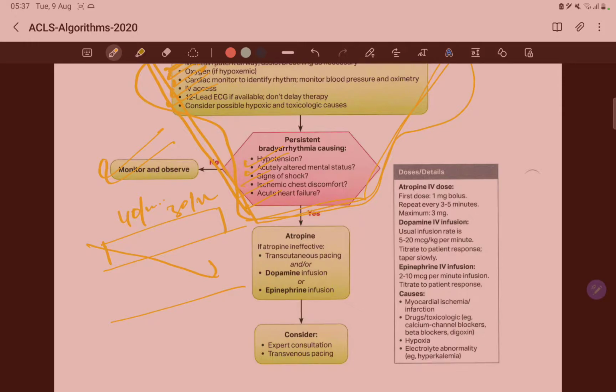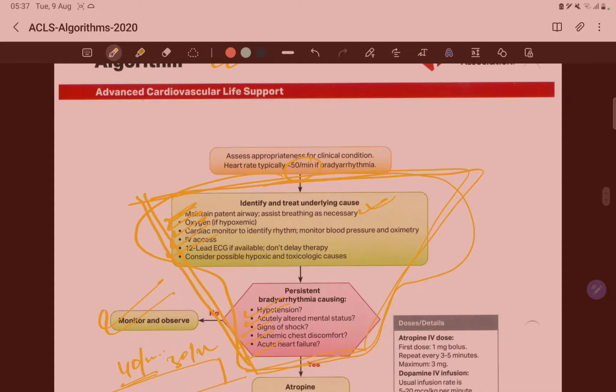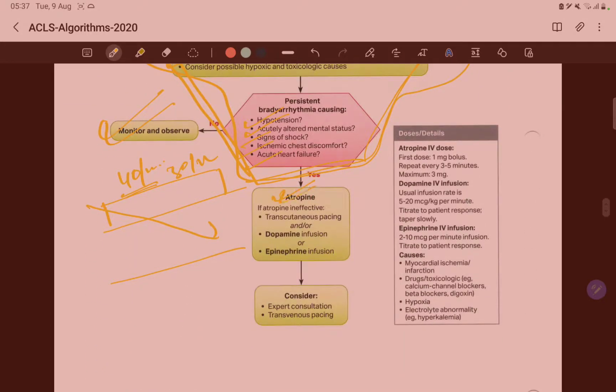So if we see the patient is in bradycardia less than 50 beats per minute, we straight away give atropine. Atropine is always IV, 1 milligram, to be repeated every 3 to 5 minutes.